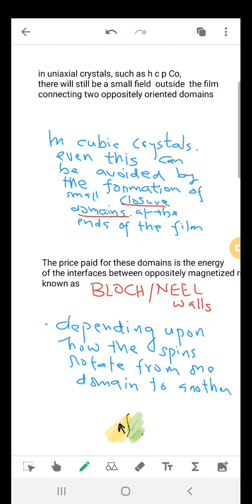There are spins on both sides, so they are interconnected. Whenever we go from this direction to that direction, and look at how the spins change, we have these walls called the Bloch or Néel walls. So the higher the angle of change, the thicker will be the Bloch or Néel wall.